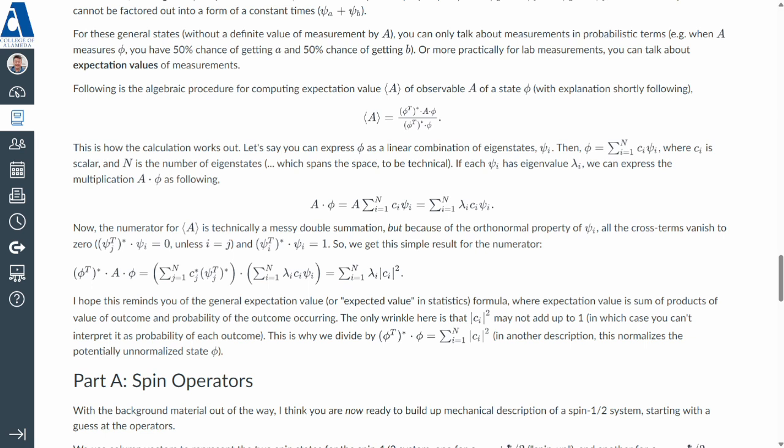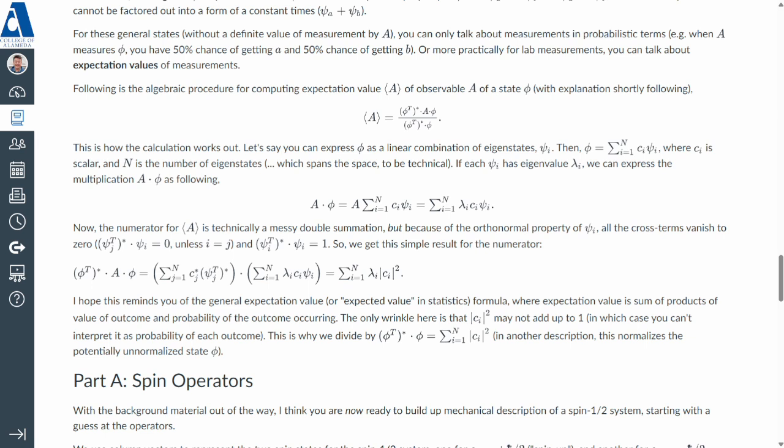This is why we divide by phi transpose complex conjugate times phi, being equal to summation of index I running from 1 to n of c sub I modulo squared. In another description, this normalizes the potentially unnormalized state phi.